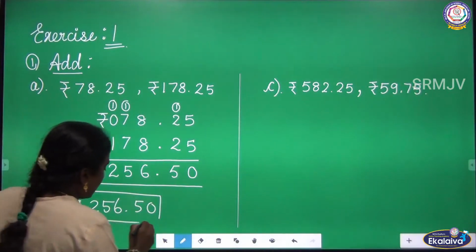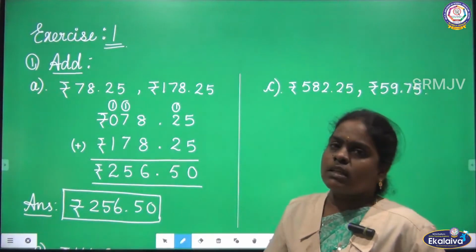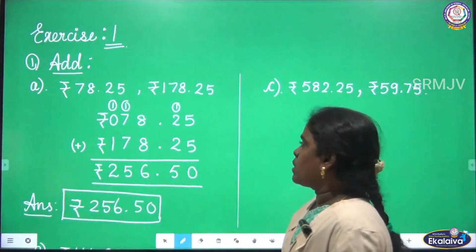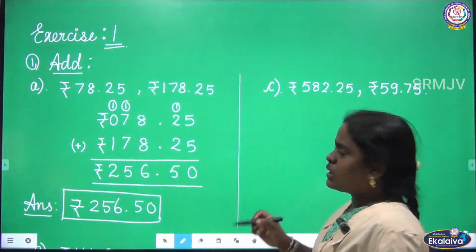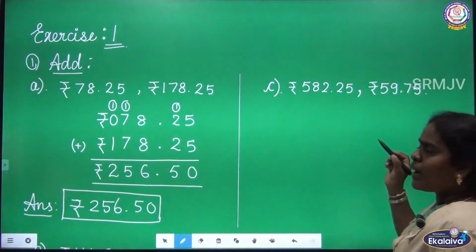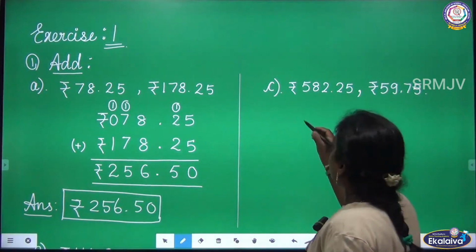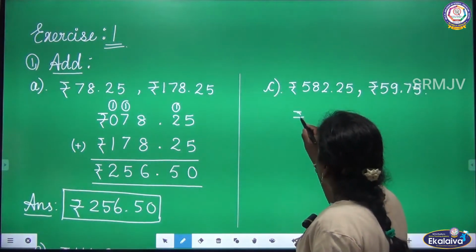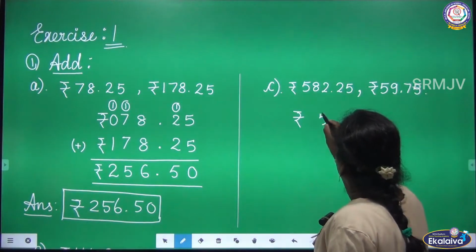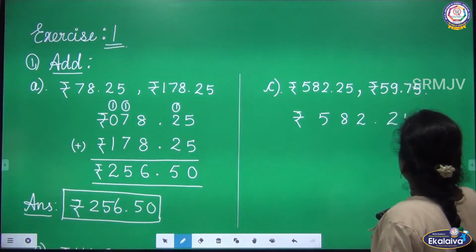So here in the addition of money, the important thing is arranging the numbers properly. Look at the next question. 582 rupees and 25 paise, 59 rupees and 75 paise. Let us arrange the given amount. 582 and 25 paise.